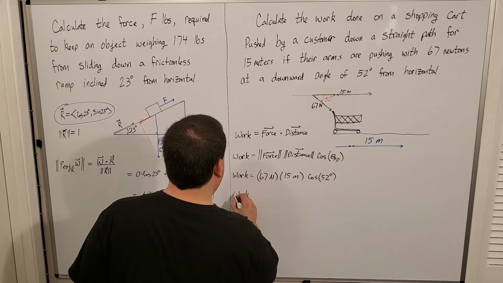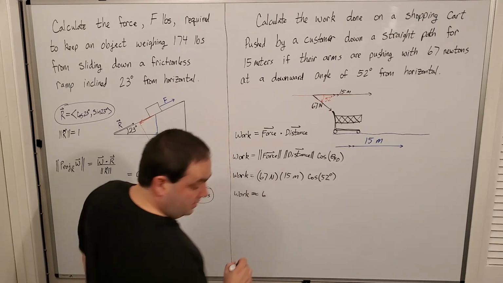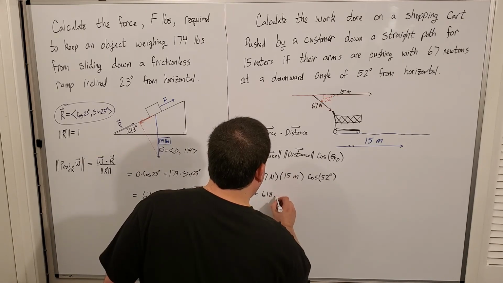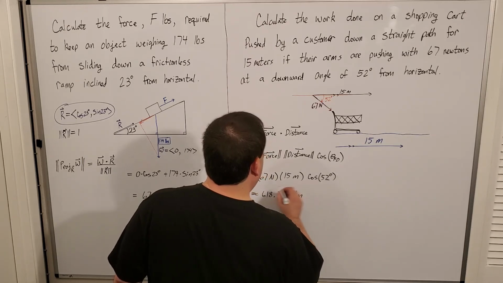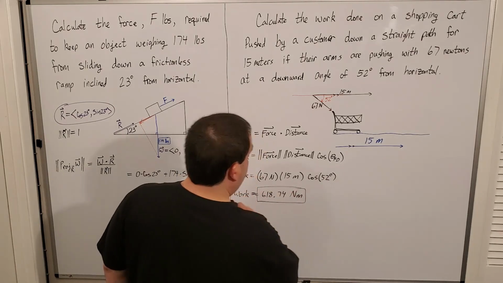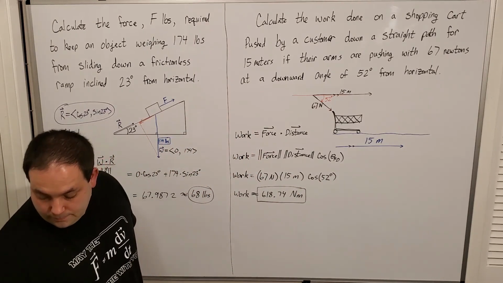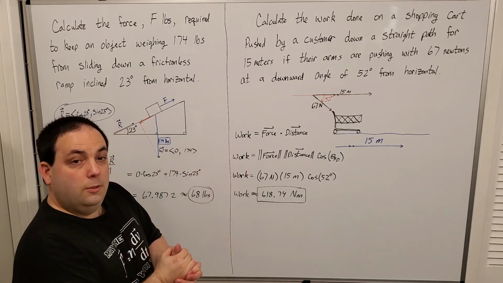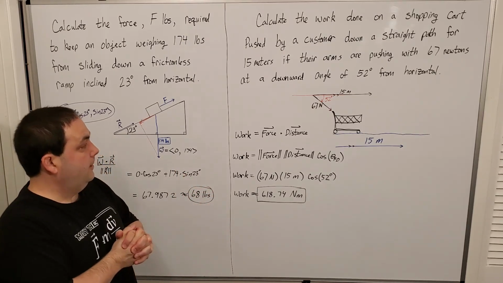The work is approximately 618.74, and this is going to be a Newton meter, as you can see from the units, newtons and meters. A Newton meter, right, which ends up being a joule, right, joules of energy. Okay.